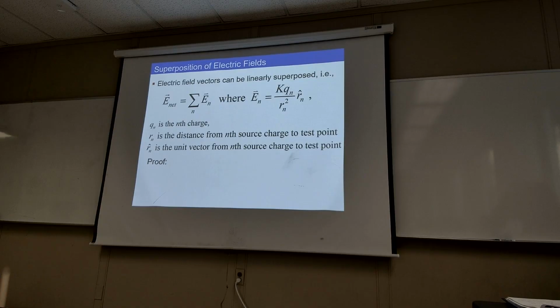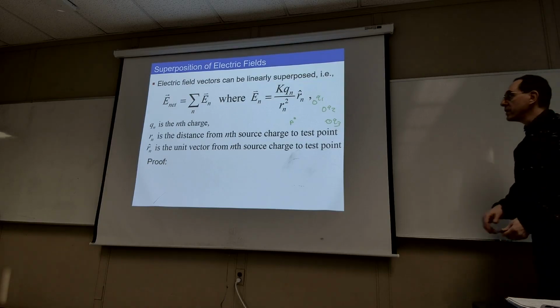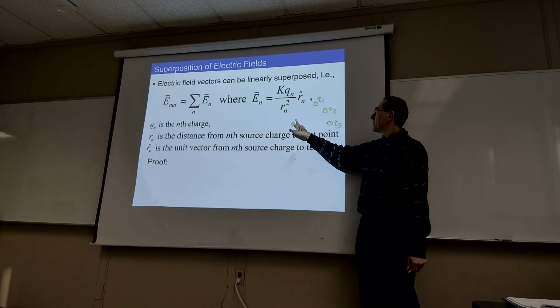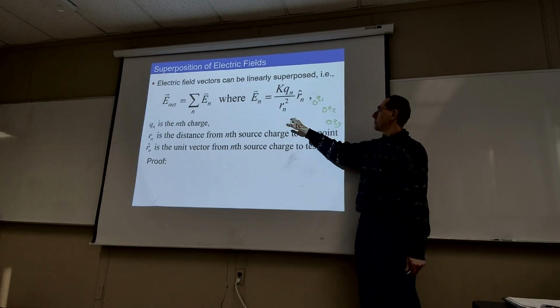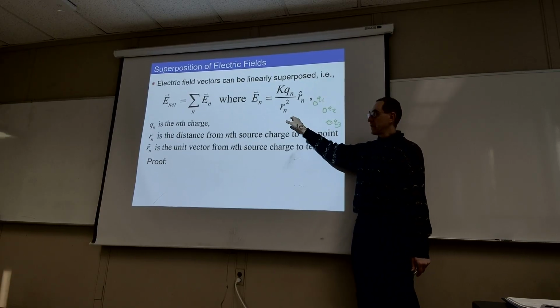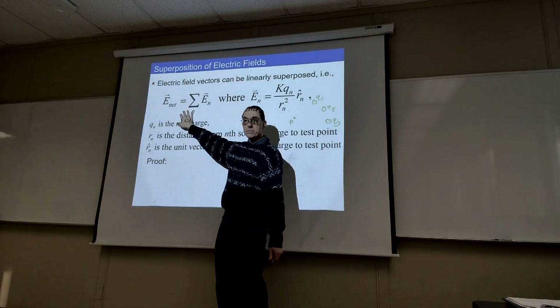The picture you can have in your mind, if you like, is that I have a charge here, Q1, a charge here, Q2, a charge here, Q3, and I'm over here at some point P. I want to know the net electric field at point P. To figure that out, I calculate the electric field due to Q1 at P, the electric field due to Q2 at P, and the electric field due to Q3 at P. Then I do a vector sum.